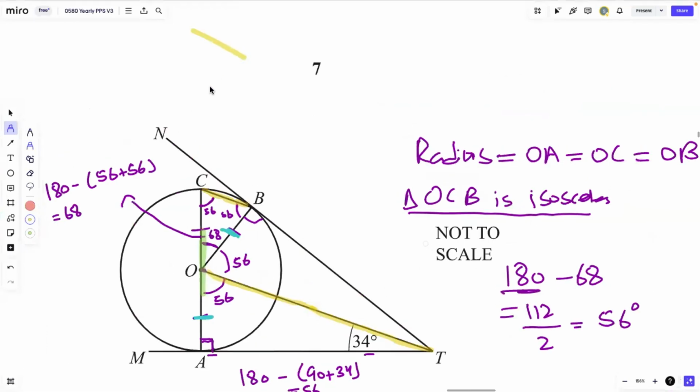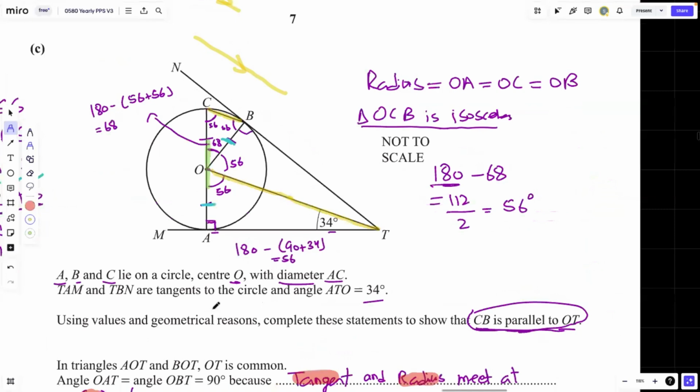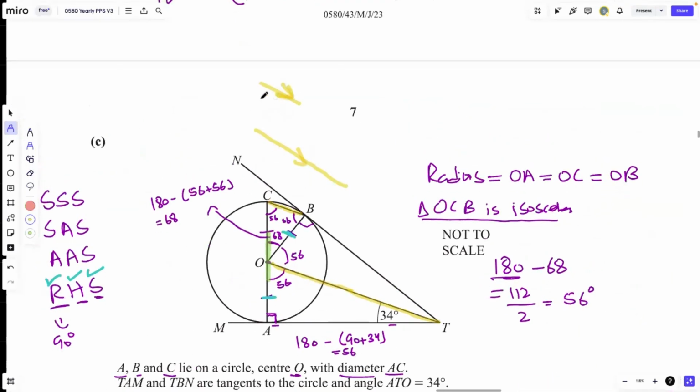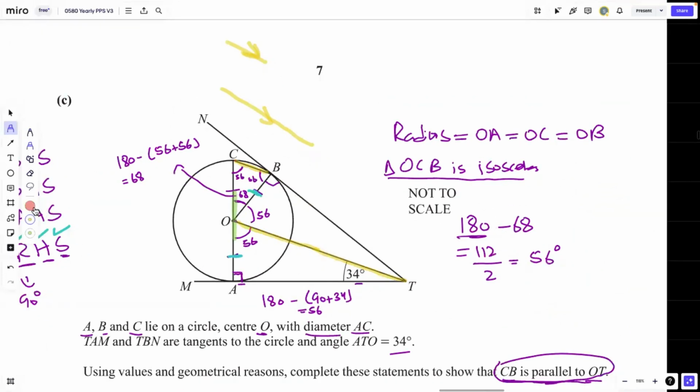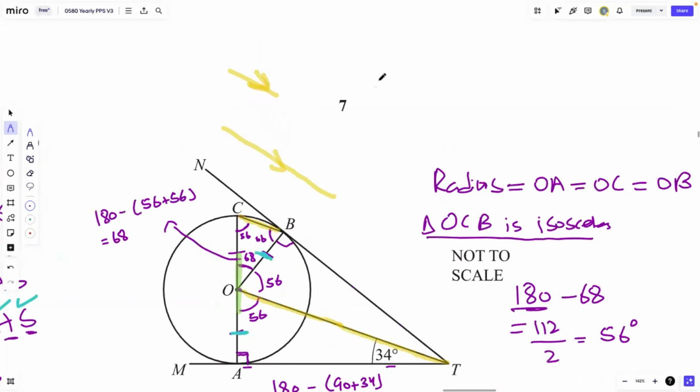I need to prove the lines to be parallel. Now, what do we know about parallel lines? What we have learned in angle properties of lines are the types of angles, the Z angles and the F angles, with the actual names as alternate and corresponding angles.